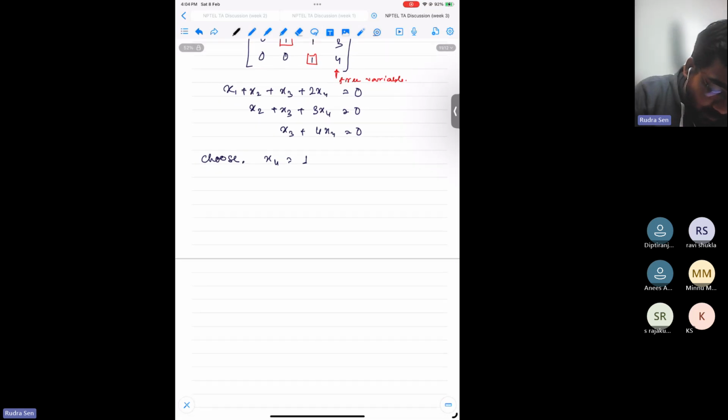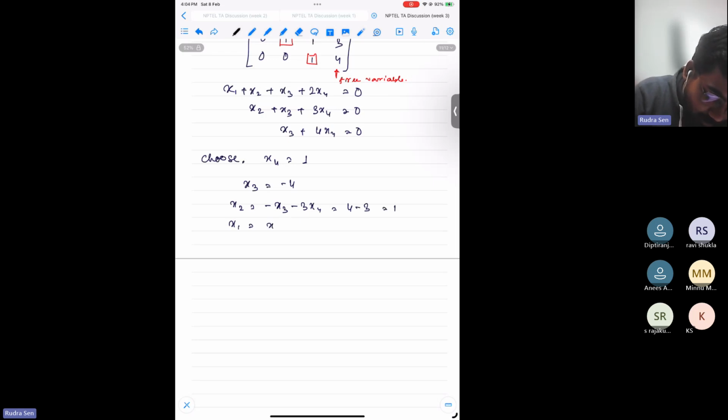Okay. So if we choose x4 as 1, what would be x3? x3 would be -4. Put x3 and x4 over here. So x2 equals -x3 minus 3x4, so you will get 4 minus 3, that means 1.